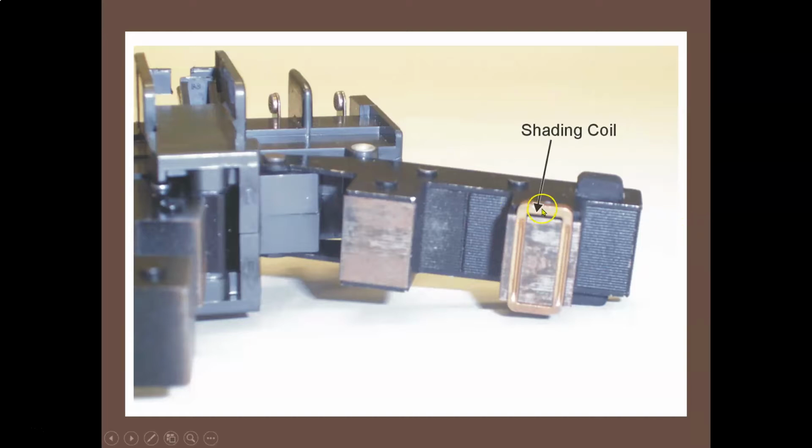And that magnetic field is also cutting through the shading coil, and this shading coil is inducing a voltage in it now, just like those laminated pieces of the core here. And if I have a current and a magnetic field, it's going to produce a magnetic field also in the shading coil. And then when my voltage starts to drop on the sine wave and I hit 50%, I'm going to get that dropout voltage.